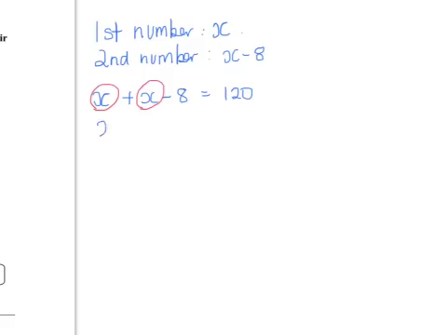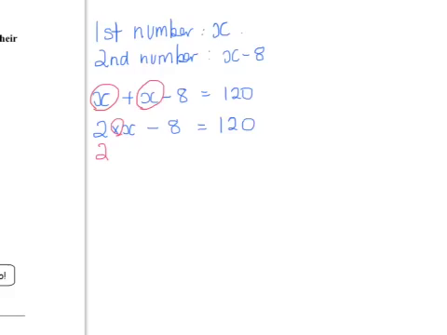We can write that as 2 times x minus 8 equals 120. Now in algebra we generally don't write the multiply sign, we write it as just 2x minus 8 equals 120.